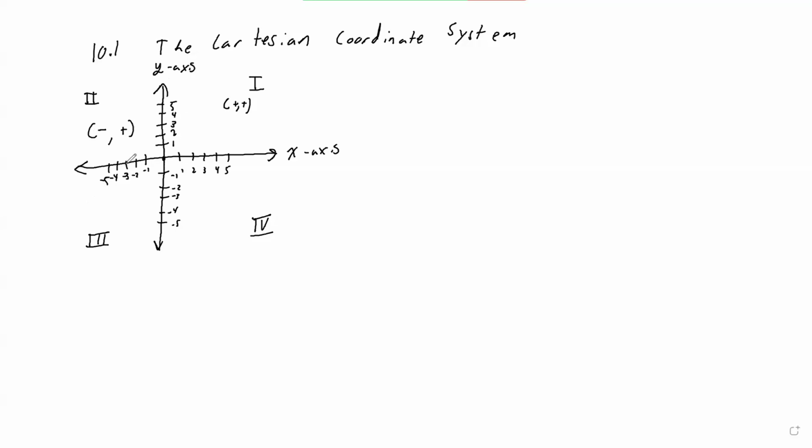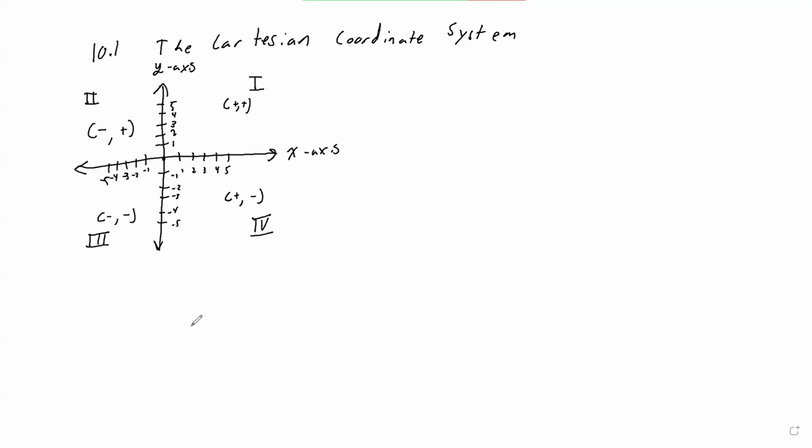Because instead of giving you one number to graph, I'm giving you two numbers to find out where it is in this two-dimensional plane that we have. If you're in quadrant 3, it's because your x is negative and your y is also negative. And the last one, if you're in quadrant 4, your x is positive and your y is negative.